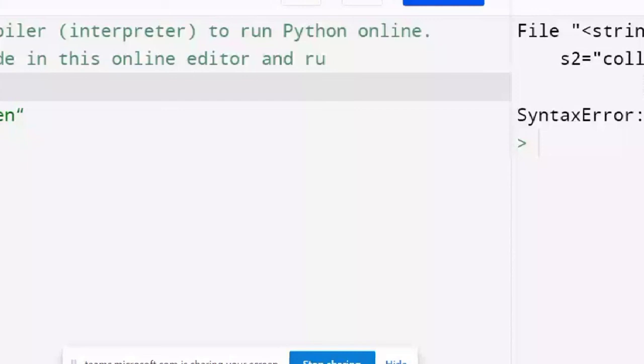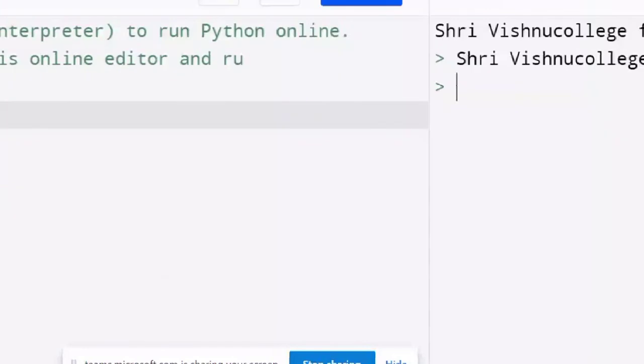Okay, so you can see here, right? Did you get that? Sri Vishnu Engineering College for Women. So plus means a concatenation operation, the joining of two strings together.